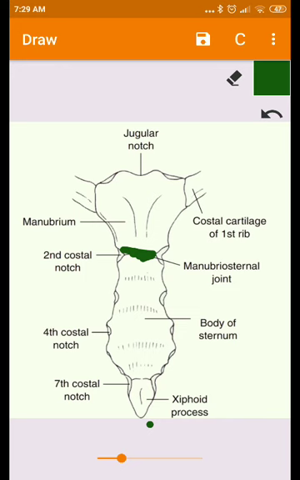The manubriosternal joint is similar to the pubic symphysis of the pelvis, and some authors refer to this joint as the symphysis sterni. Ossification of the joint occurs in approximately 10% of older adults.